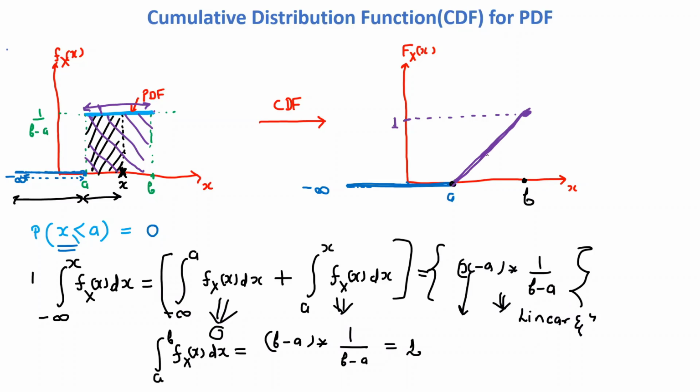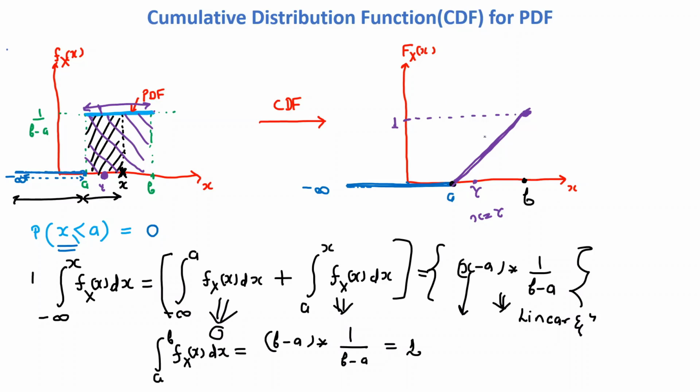What does this cumulative function denote? Let's say at this point there is some value y, and let x be equal to y. We can calculate the corresponding cumulative value. What would be the probability, or the area, from a to y?